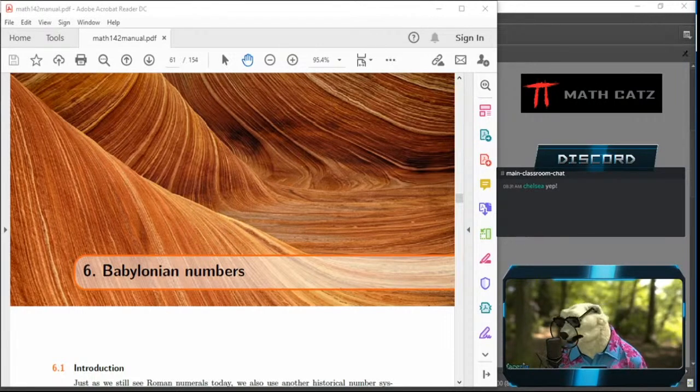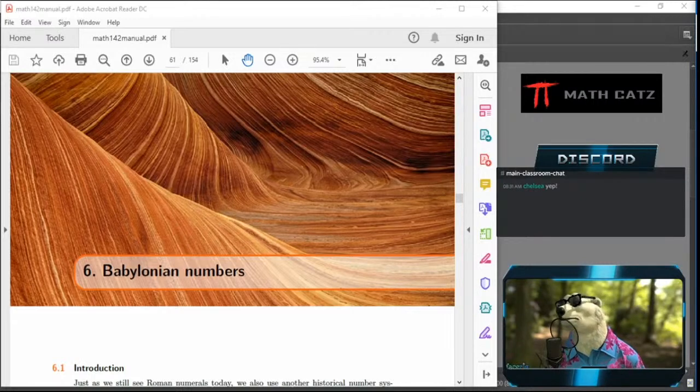All right. So, what we have done so far is look at a different number system from history, the Roman number system, in a way that helps us with our goal.